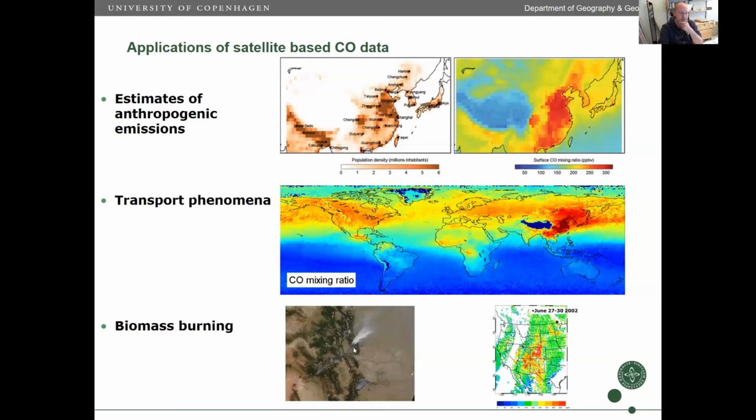And you can see here that, okay, here's the fire, and here is where all the smoke is going, where it's blowing away from this forest fire. So these were some examples of how a product of carbon monoxide can be used.